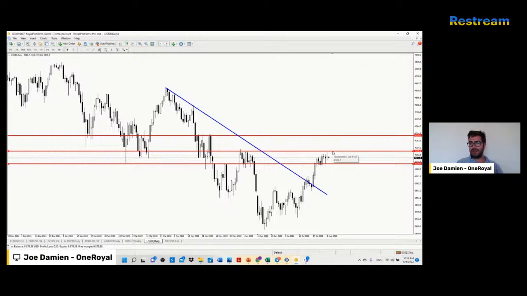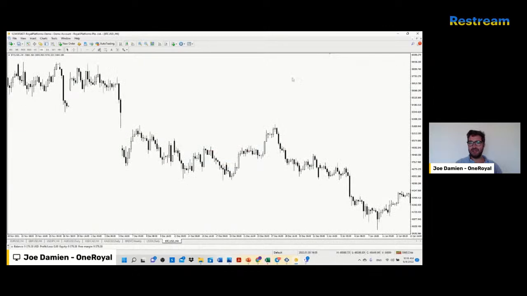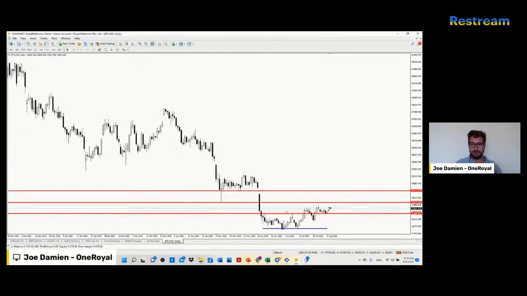If we have a breakout and a close above the 4,189, the market could reach the 4,239 by next week. So I'm bullish. Most probably I see it by next week at 4,299 or 4,300.